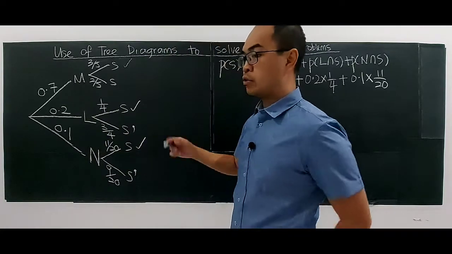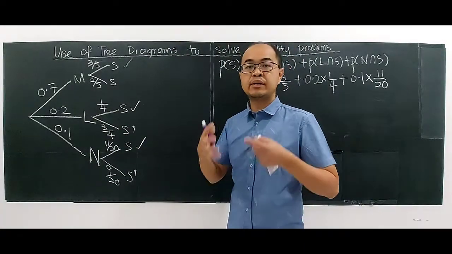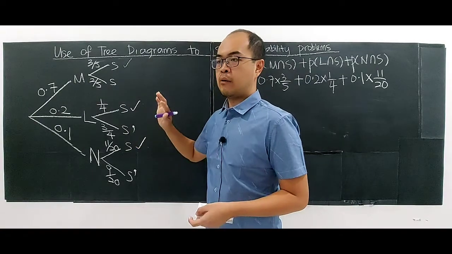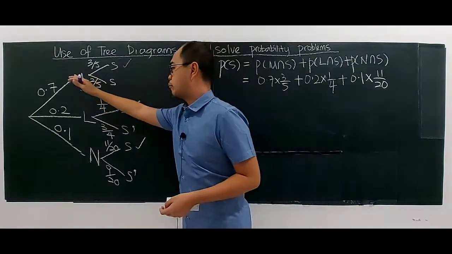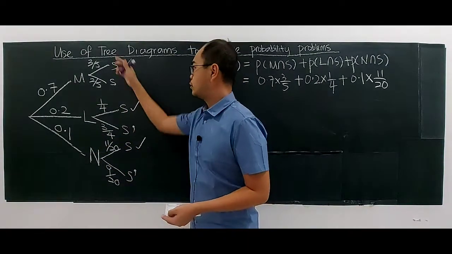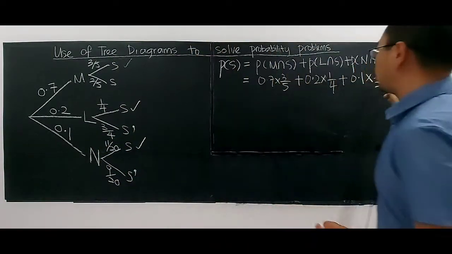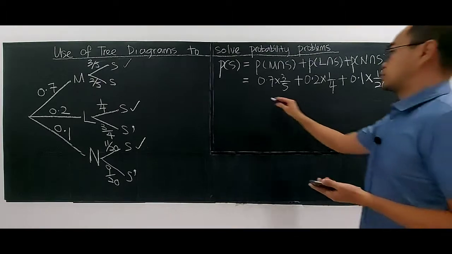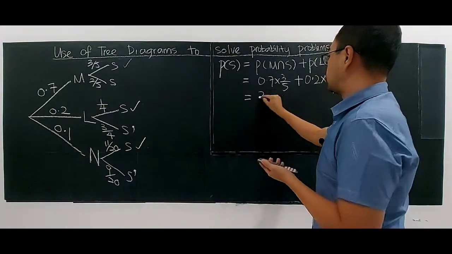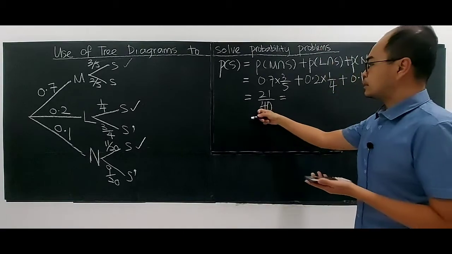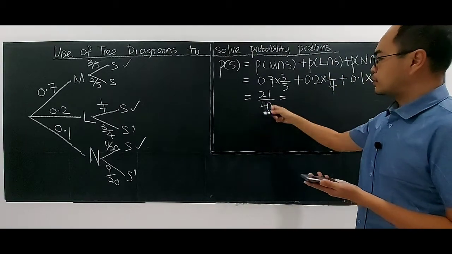As long as I want to know the percentage of customers taking sugar, I don't care whether they take milk, lemon, or neither. I just want to know they are taking sugar, so I calculate all the possibilities. Let's calculate. It will be 21 over 40 in fraction, nearly 50%.